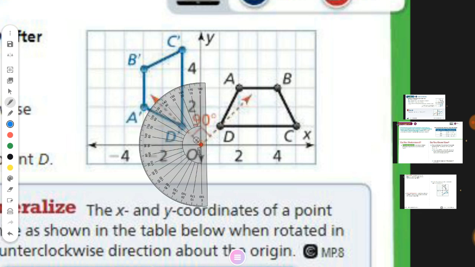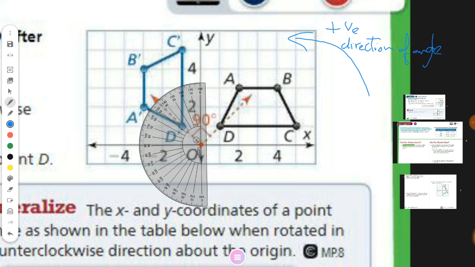Actually, if we use this direction, it is the positive direction of the angle. When you measure any angle, you will go in the positive direction of the angle.